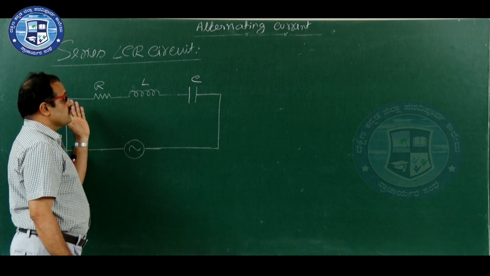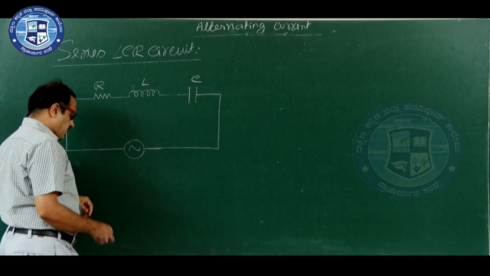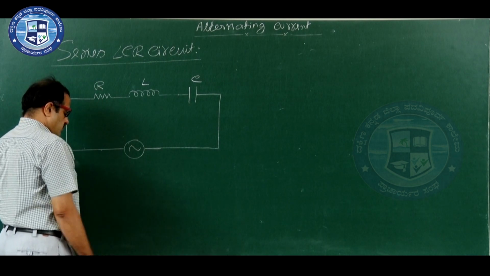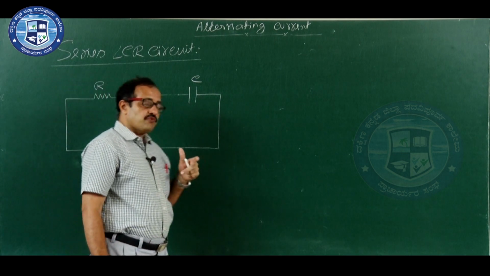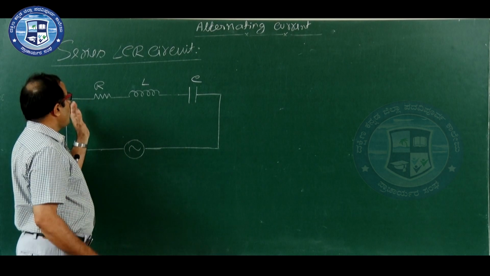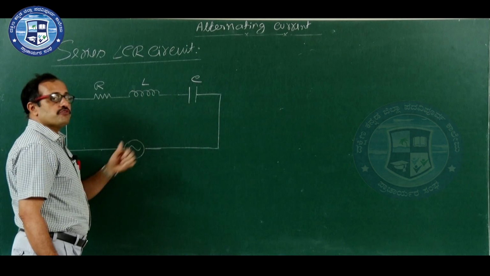Now, first of all, we try to draw the phasor diagram for this circuit. How to draw the phasor diagram? We know phasor drawing is always for peak value of the voltage and current. All of them are in series, therefore, through all of them current must be same.